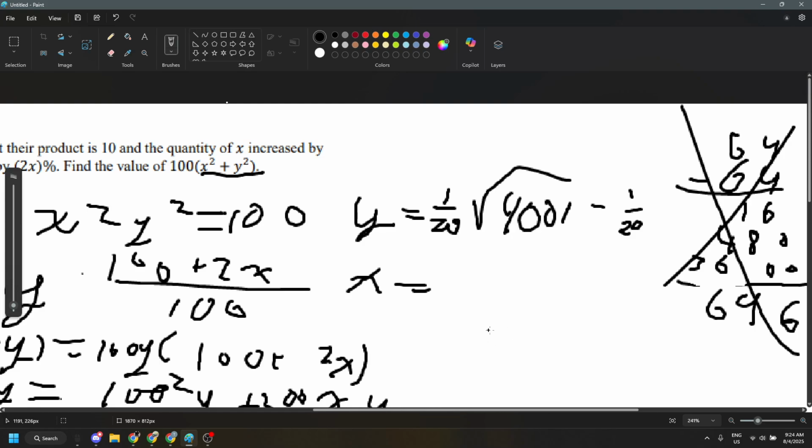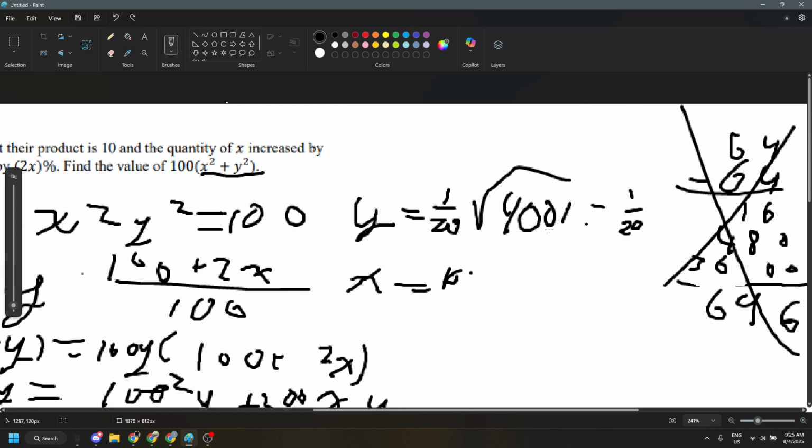So 10 times the reciprocal of this. 10 times 20 over root 4001 minus 20. Right? No, I lied.